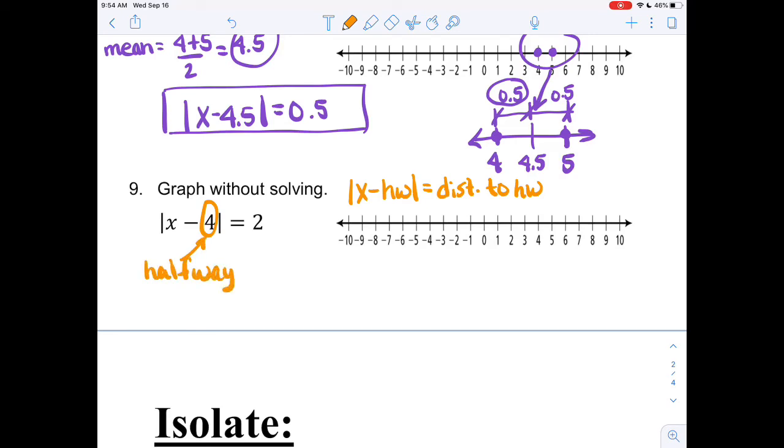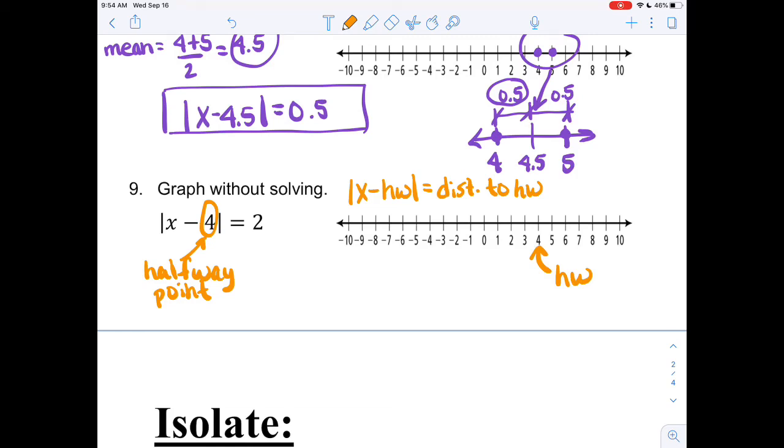Just following the format. This is the halfway point. Notice that because there is a negative here in the equation, that same negative shows up here. So our halfway point truly is positive 4. It's not negative 4. So we can note that this is our halfway point.